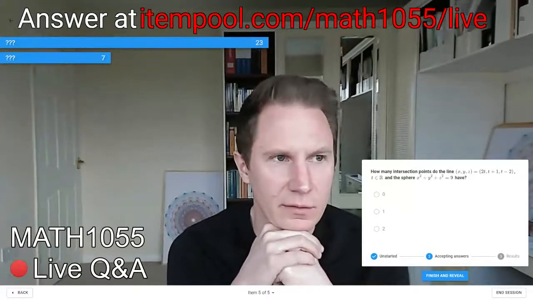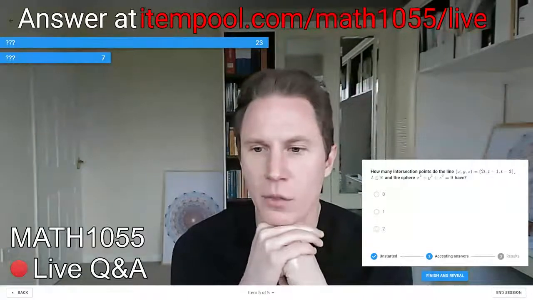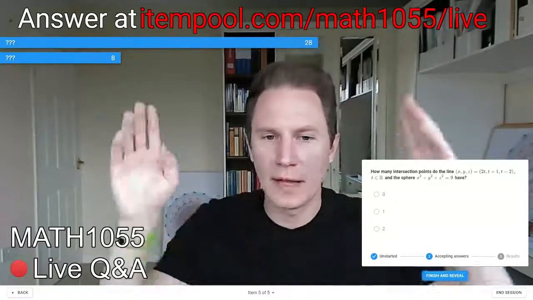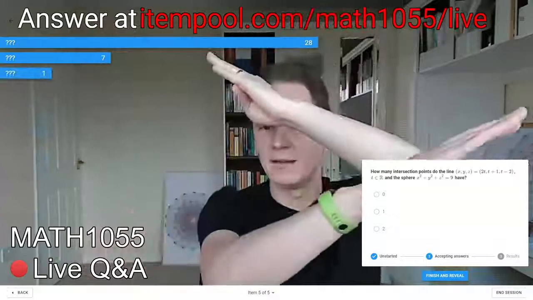So previously we had a similar problem where we were trying to decide whether two lines intersected, and in that case, since we were talking about two lines in 3D space, even if you wouldn't know how to do the calculation, the more likely answer would be no, because if you just have two random lines in 3D space, they are not likely to intersect, right?